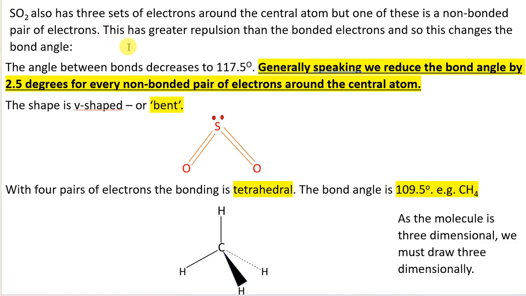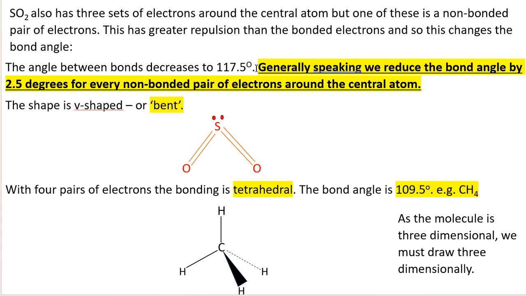And that non-bonded pair has greater repulsion than the bonded electrons, and so this changes the bond angle. Now it's going to push the two bonds closer together. The angle between bonds decreases to 117.5 degrees.